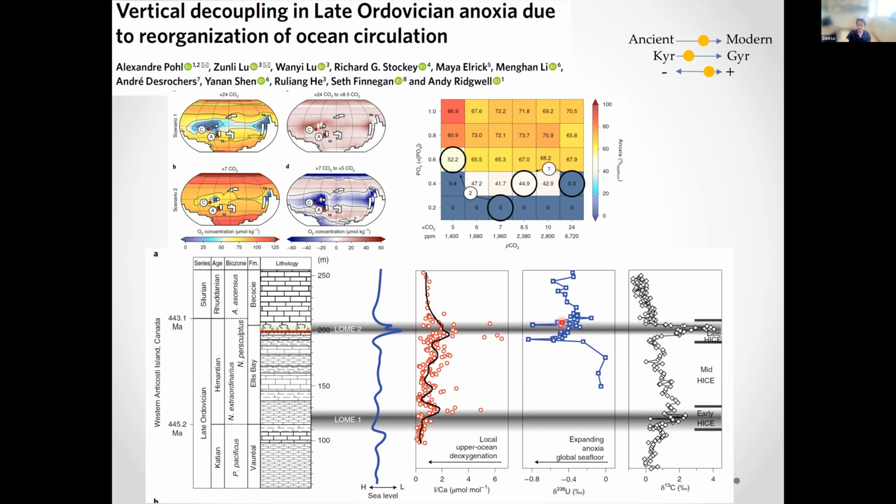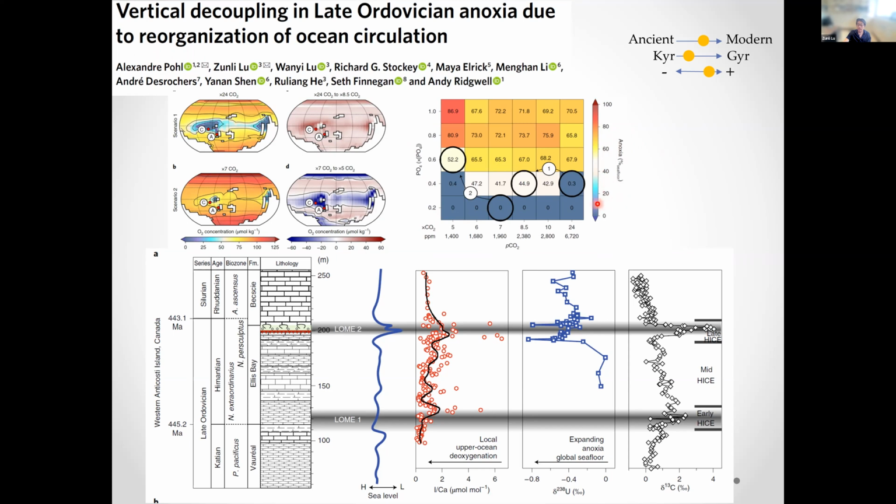And at the same time, independently, Alex Paul, working with Andy Ridgwell, has been modeling this event. And what he discovered is, in order to simulate the expansion of seafloor anoxia, there are actually different ways that you can reproduce that anoxia in the model.